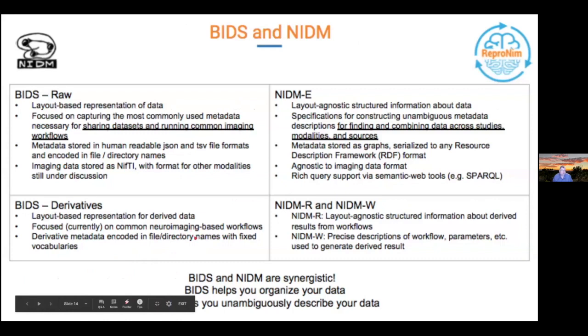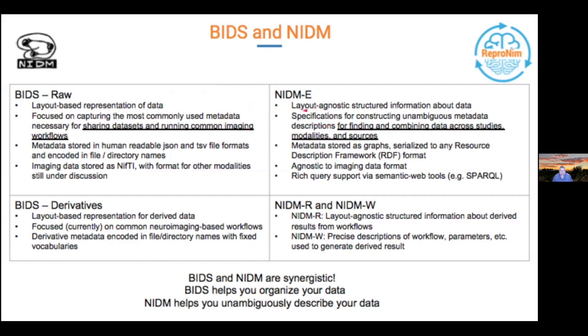In terms of BIDS and NIDM, they are very synergistic, and they work well together. NIDM-E doesn't provide any representation of the data on the file system. BIDS has the metadata stored in human-readable JSON and TSV file formats, so it makes it very easy, when you're going into the file system, to see what your imaging experiments are describing.